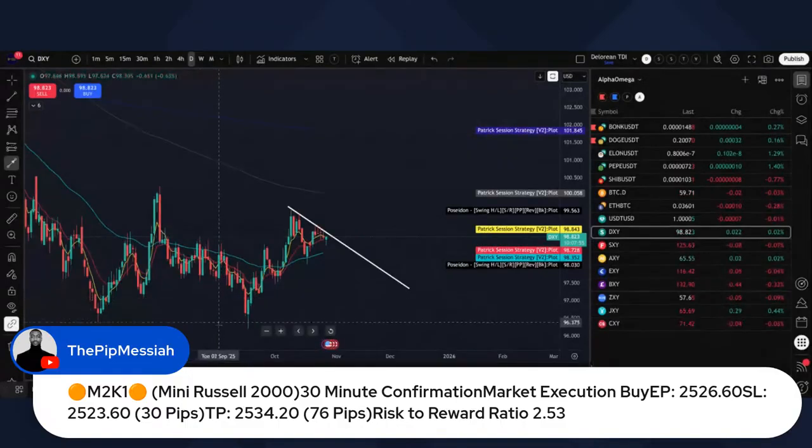We also have an uncovered wick right here. So what I would imagine is that price is going to decline, break this low, and continue its decline.